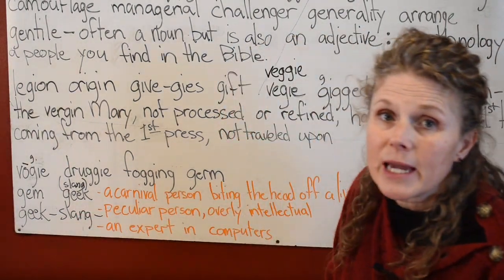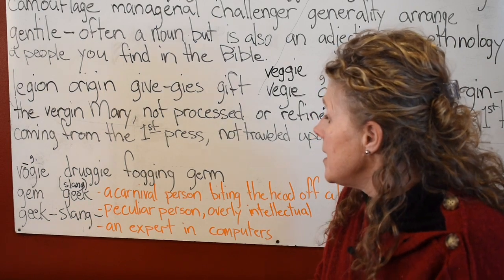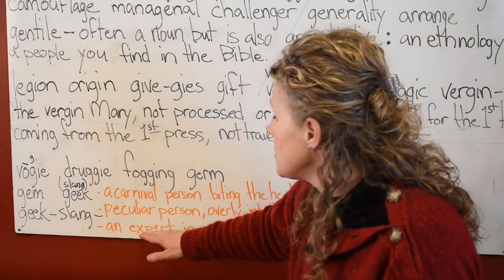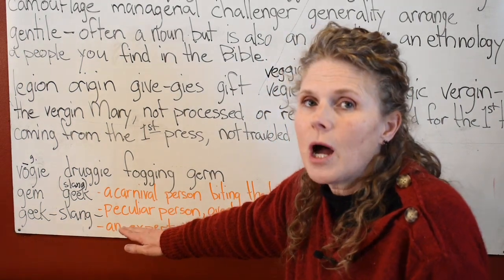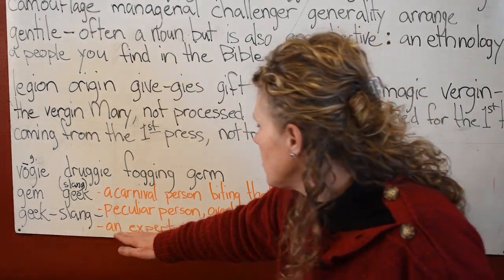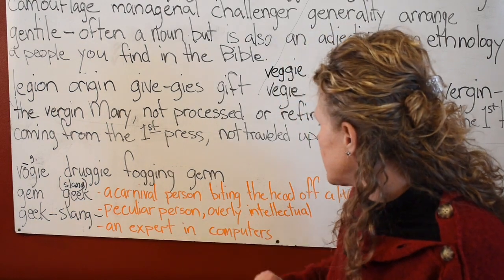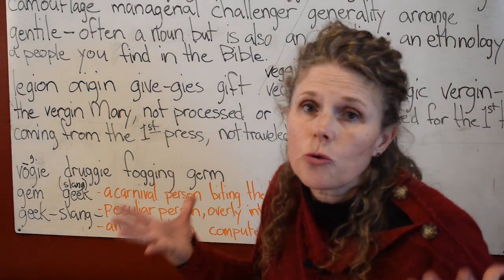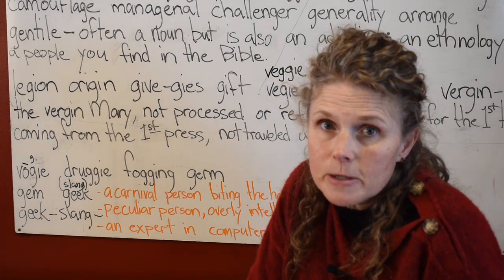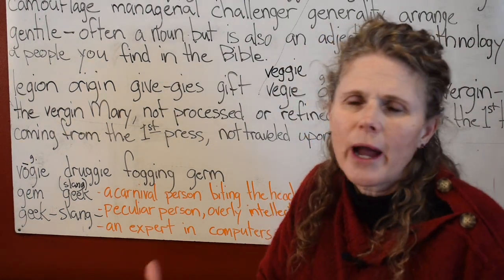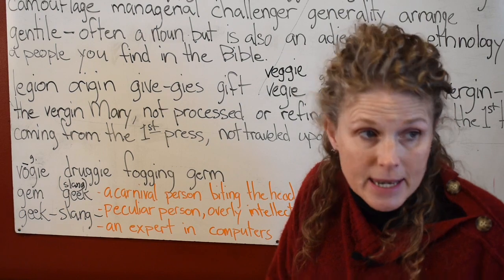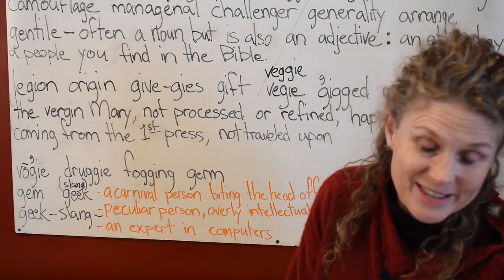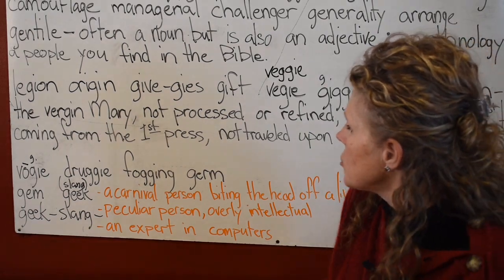That person was called a geek, and it was totally slang. Now, and this is still considered slang, you will still see this, but not as much as even when I was in school: peculiar person, overly intellectual. So if somebody was crazy smart, you call them a geek. And I don't see that as often nowadays. Or you see them being called a nerd.